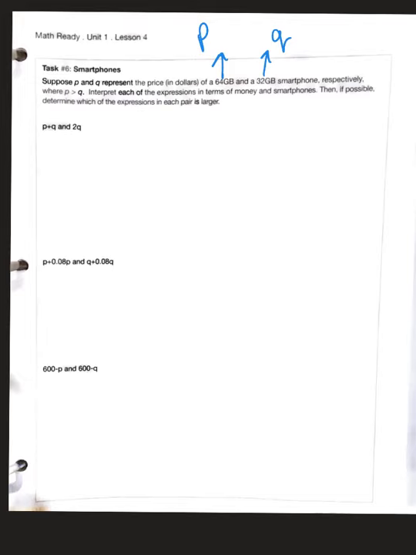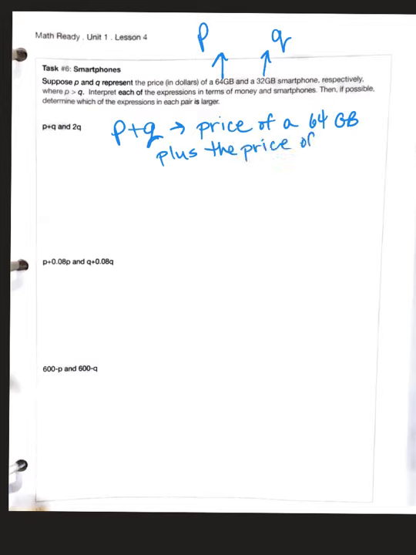P plus Q, when you interpret that, would be the price of a 64 gig plus the price of a 32 gigabyte. Okay, we interpreted the first expression.